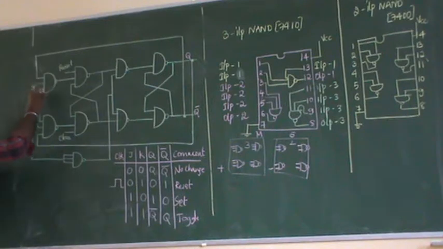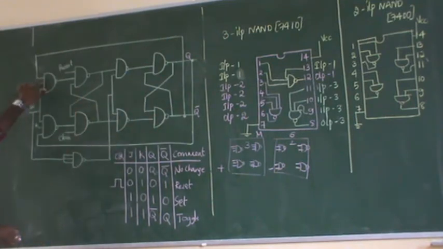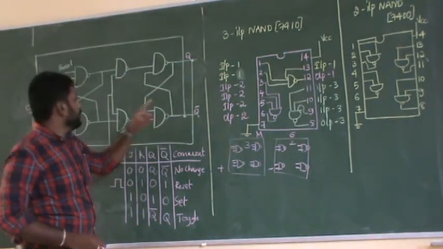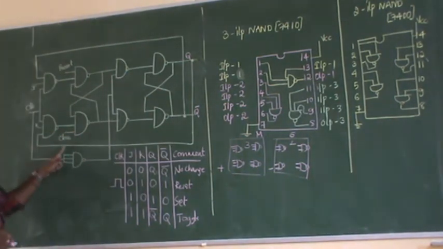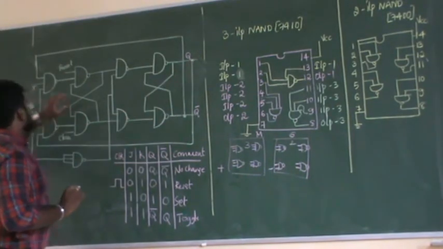Among these three inputs, one of the inputs is being fed back from one of the outputs. See here, this line is connected to Q bar, and this particular input is connected to Q. Very important, listen properly.